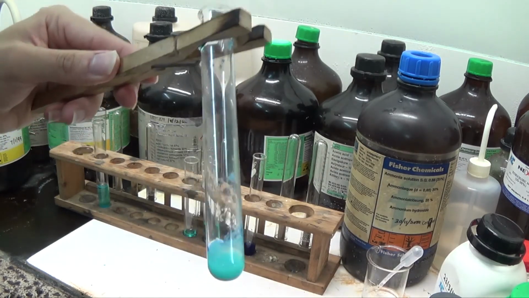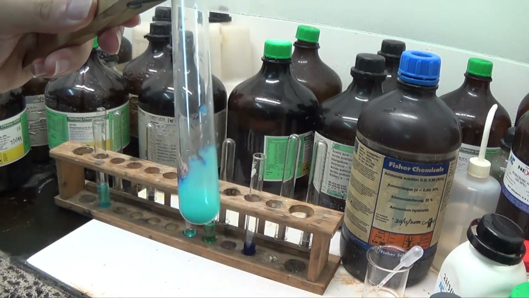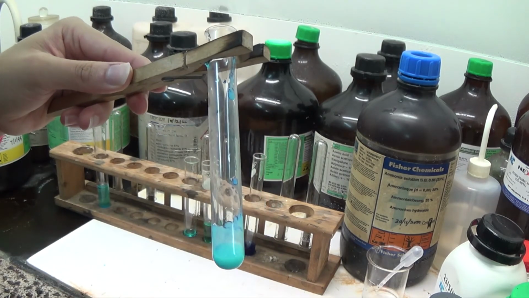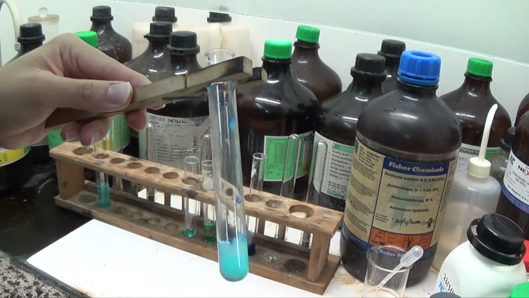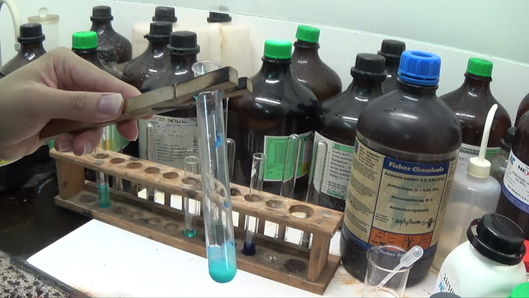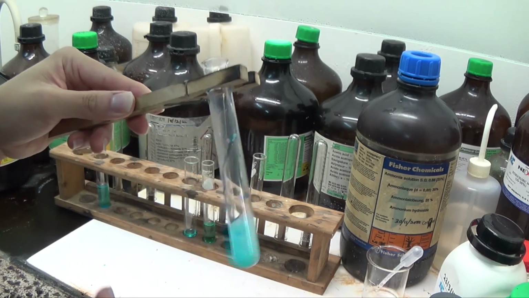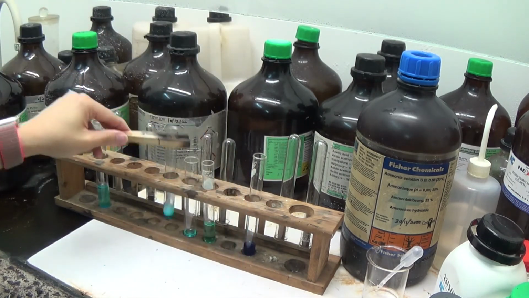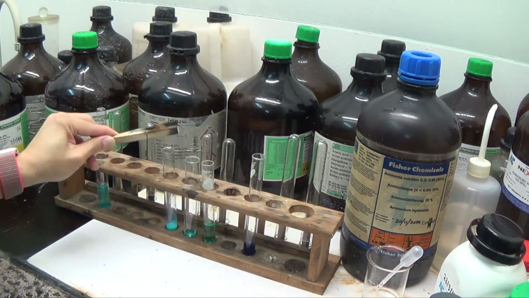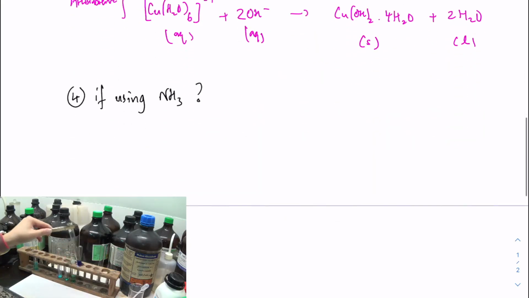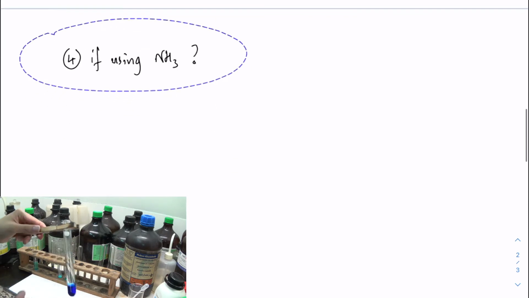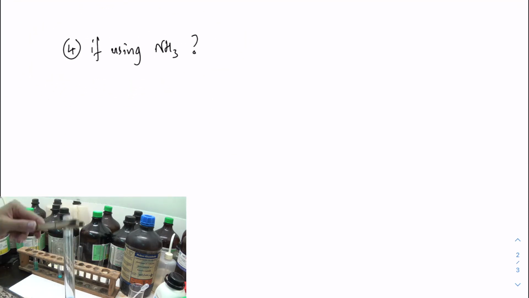So this is essentially the initial precipitate that you will get, because the ammonia is acting as a weak base. It gives you the hydroxide ion that will precipitate out the copper 2+ as copper 2 hydroxide, a pale blue precipitate to begin with. And then in excess ammonia, it doesn't need to be concentrated ammonia, the dilute ammonia that you have will bring the pale blue precipitate to this deep blue solution.